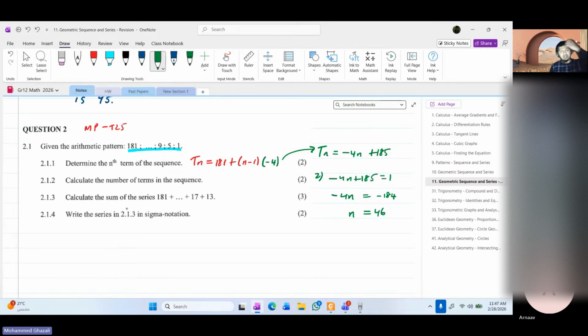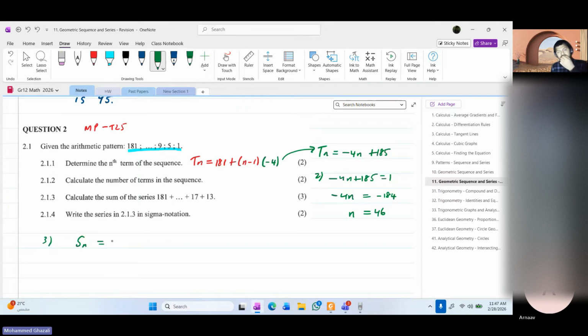Calculate the sum of the series. You're going to calculate the sum of the series from 181 up to 13. How will we calculate this? Third part, just use a normal formula.